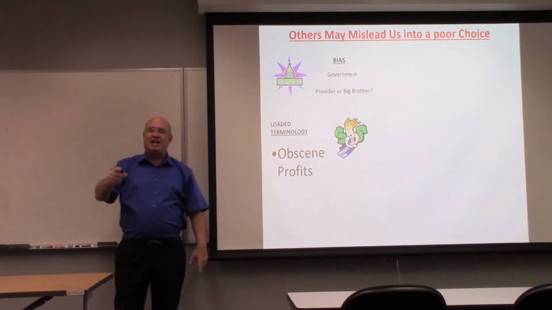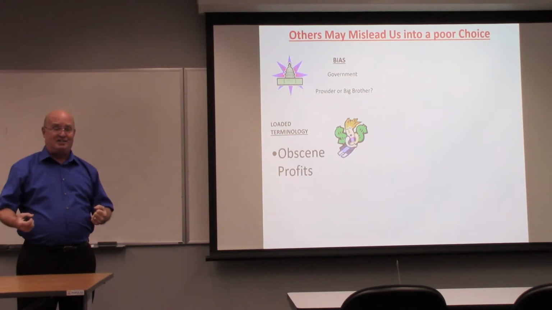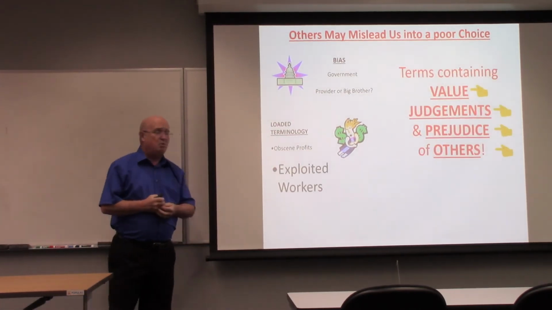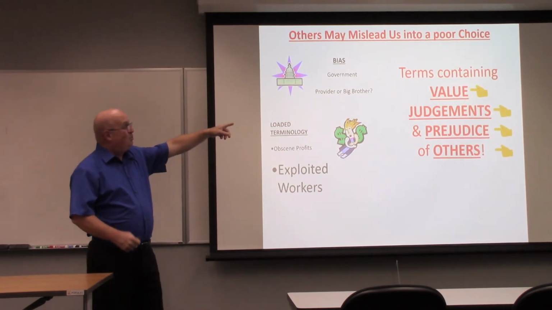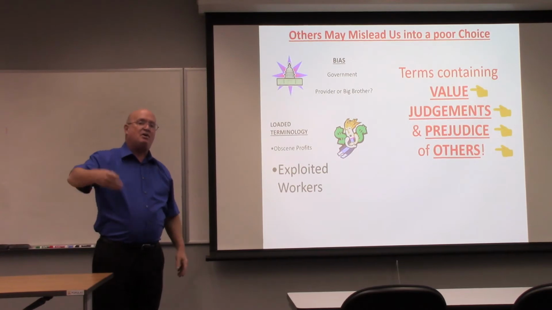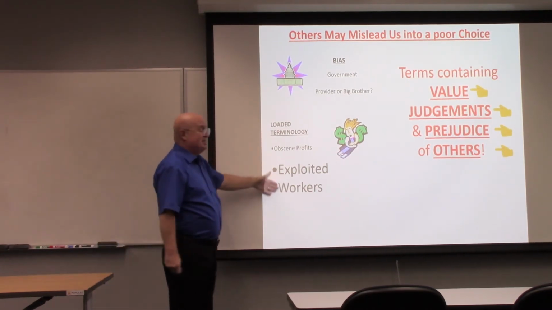And that brings in emotion. And emotion's going to bring in an illogical choice. So that's something to think about. Workers are great unless they're being exploited. We're looking at value judgments and prejudice of other people. So loaded terminology is a problem.